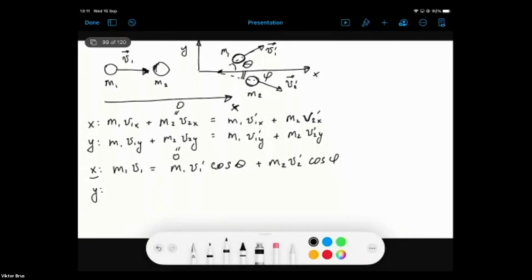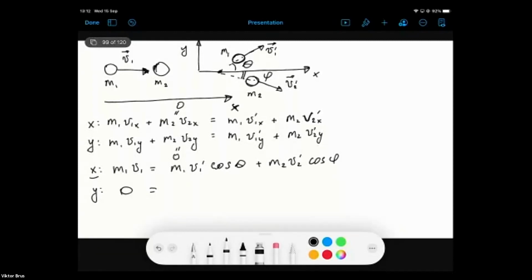And here we see that this vector v1 is aligned perpendicularly to axis y, so its projection on axis y is 0, and m2 doesn't move anywhere. So on the left side, initially we have 0, which stands for the initial linear momentum of this system along axis y.